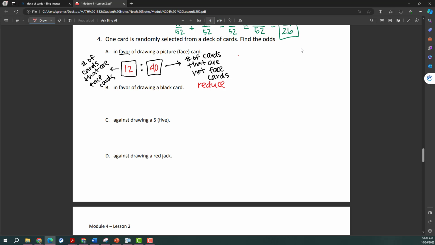So if we were to put this as a fraction, like 12 and 40, then we would reduce this down to 3 and 10. So that means our odds are 3 to 10. And you will have boxes like this in Pearson.